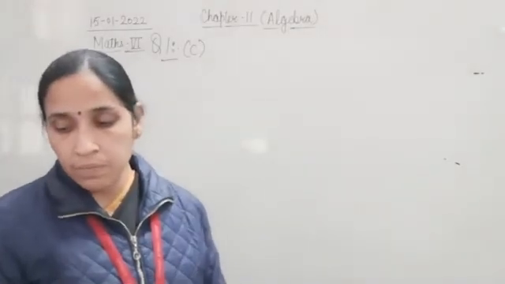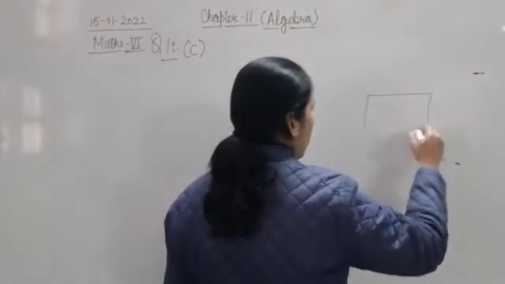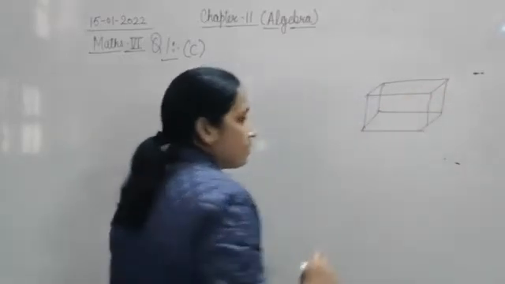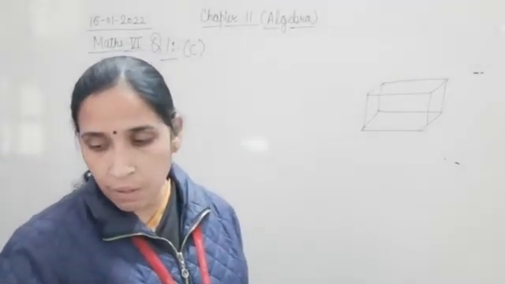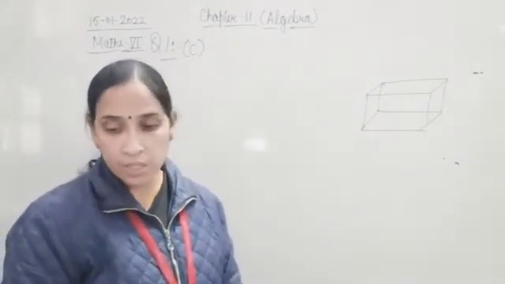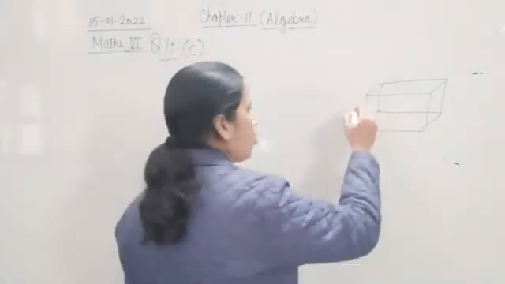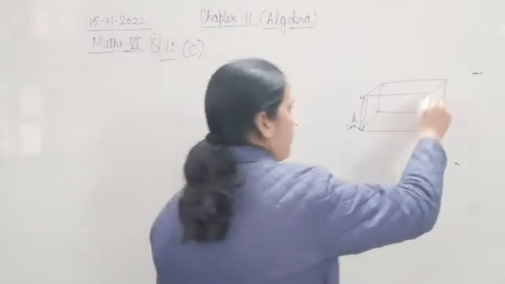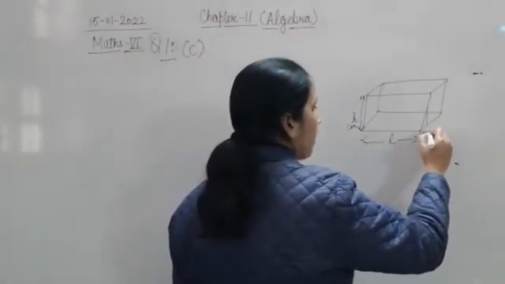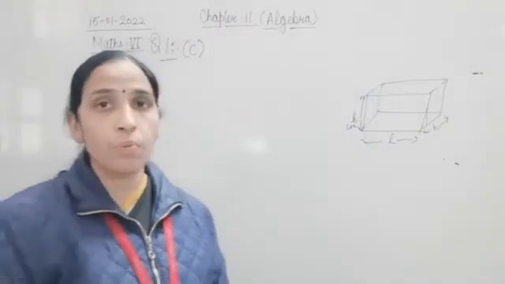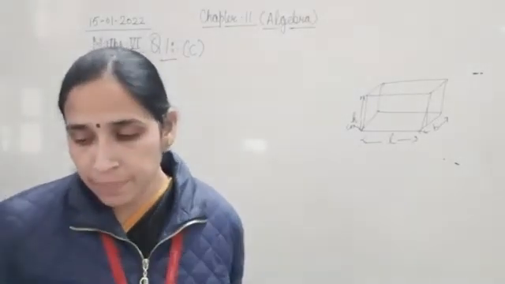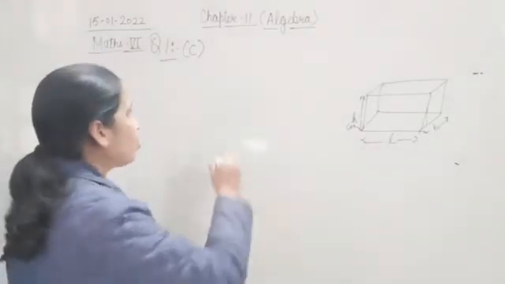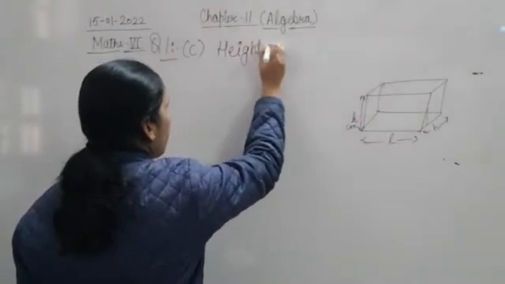Now see, you have been given a rectangular box, which is cuboidal in shape, and how length, breadth and height are interrelated to each other here. Height of this is h centimeter.